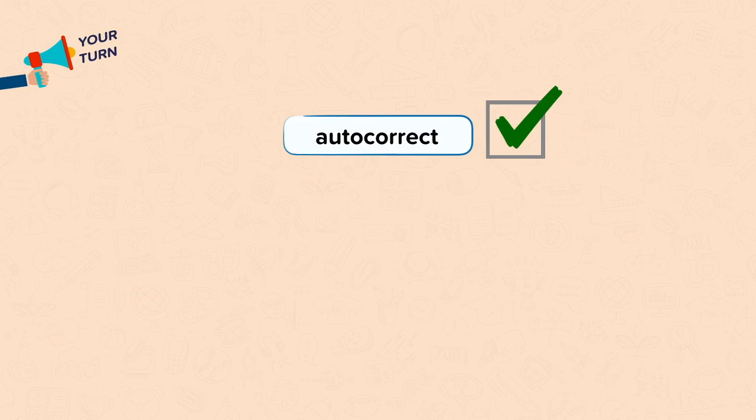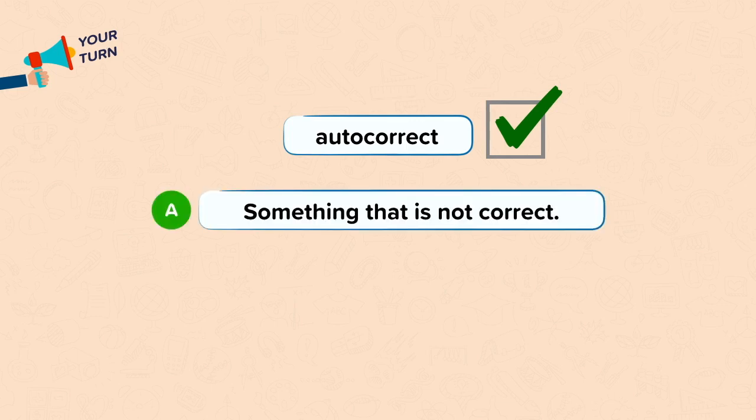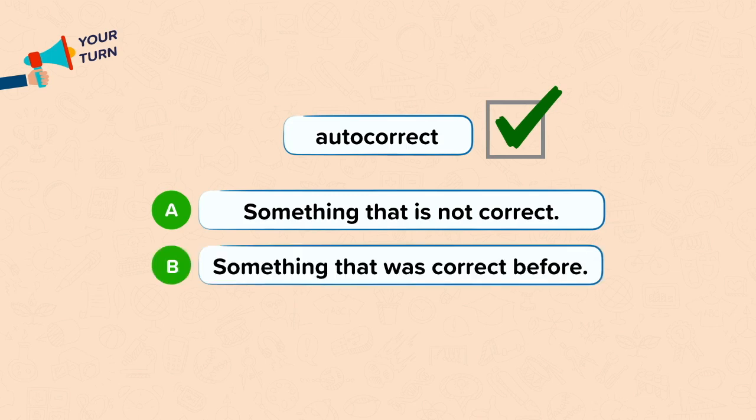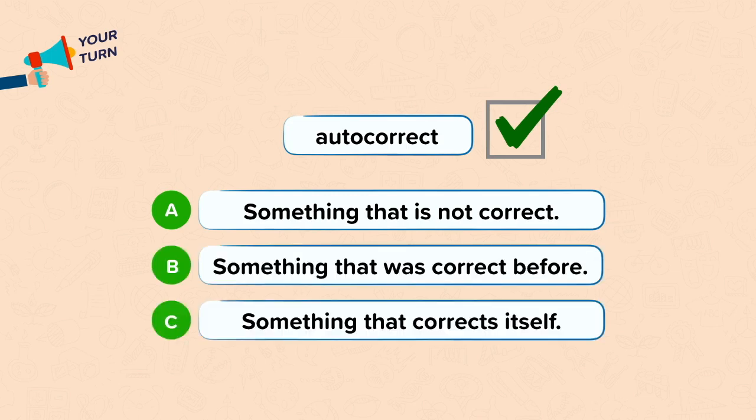So now remember, when you're reading unfamiliar words, you should always look at the prefix first. So I'm going to give you some words now, and you are going to select the right meaning using the prefix to help you. So looking here at autocorrect. Does autocorrect mean something that is not correct, something that was correct before, or something that corrects itself? 10 seconds to have a think.